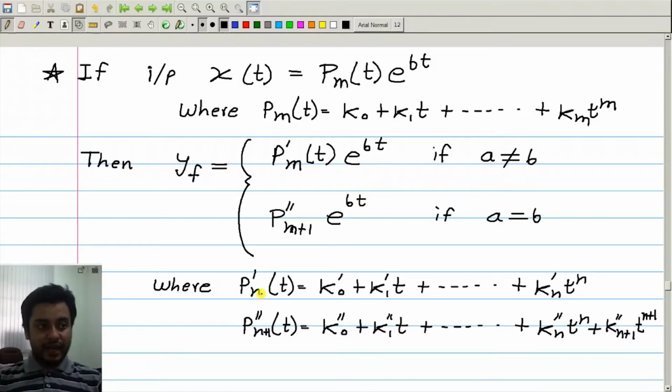Okay, and here Pm is a polynomial like this, or Pm plus 1 is another polynomial like this.